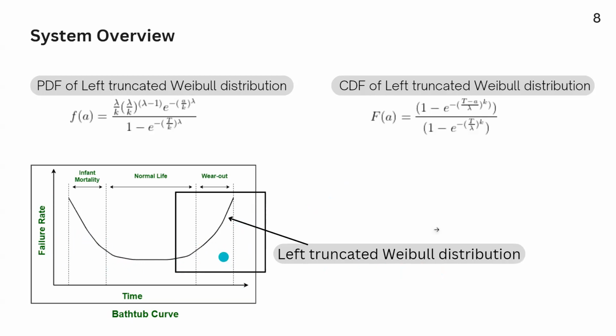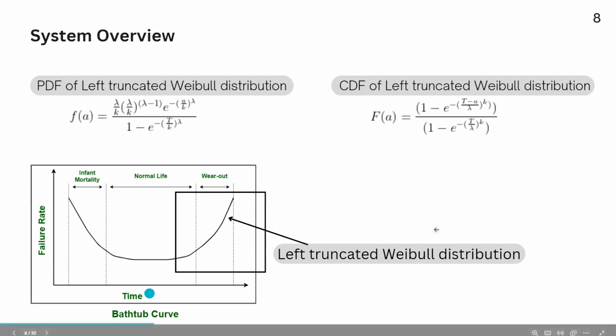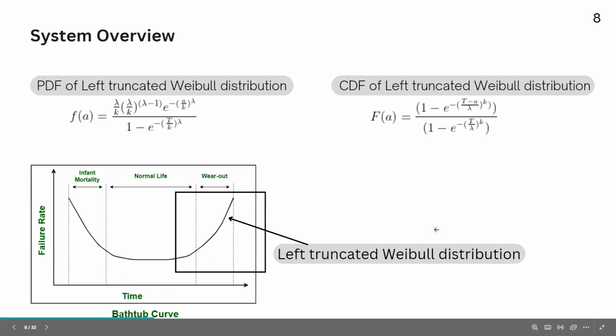I use that to predict the probability that a sensor will fail at a certain time. Using the probability, I define whether this sensor is going to fail in the next second or not, or in the next minute or not. Based on that, I make the optimization in my model.